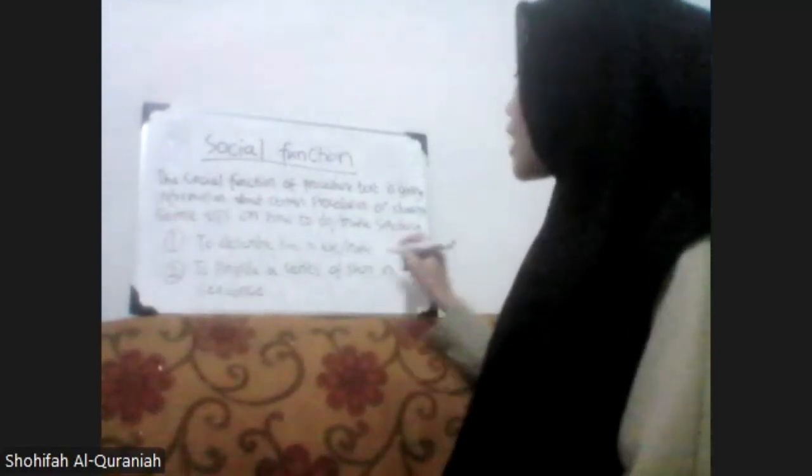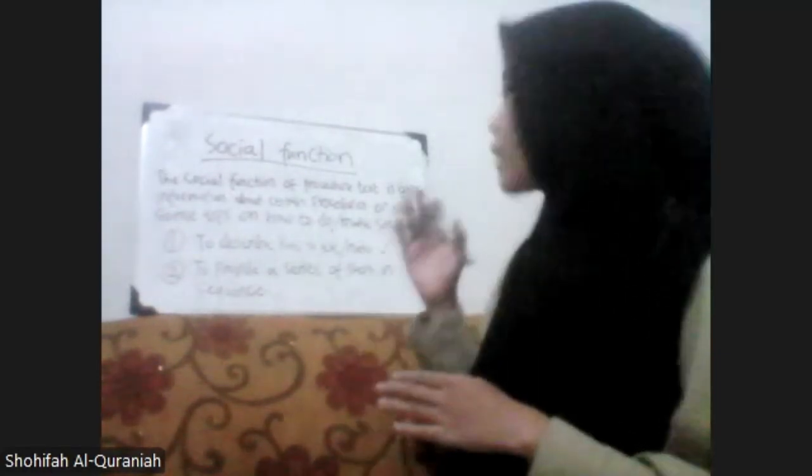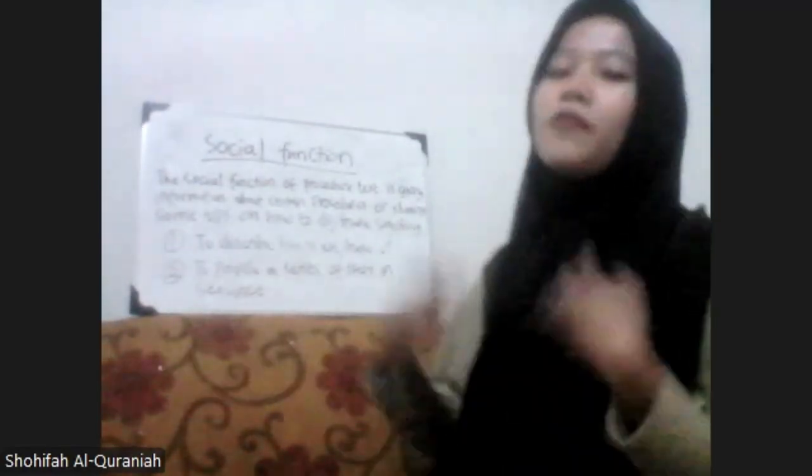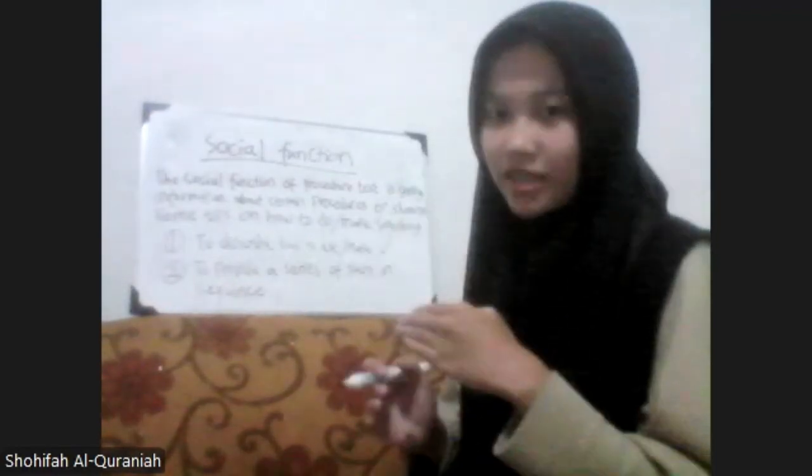So here are some things to keep in mind. There are 2 social functions. The first, to describe how to do or how to use something. And the second is to provide a series of steps in sequence.